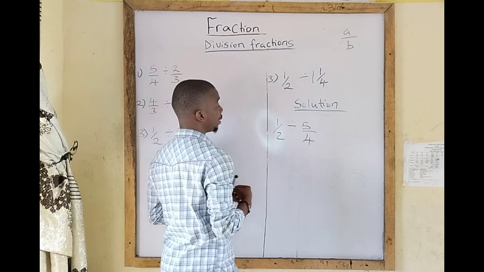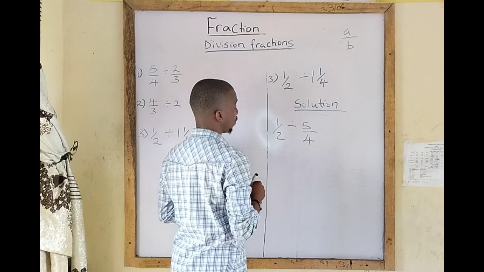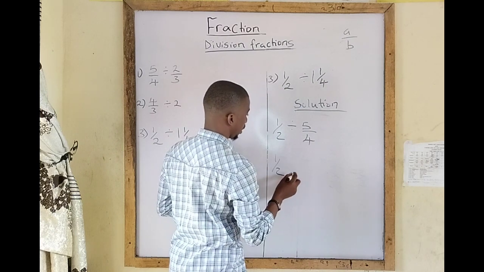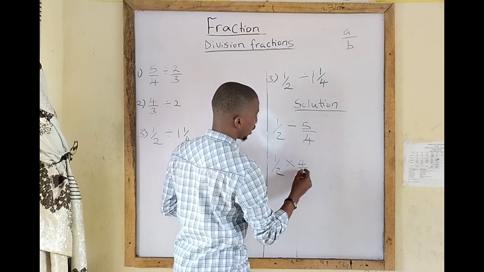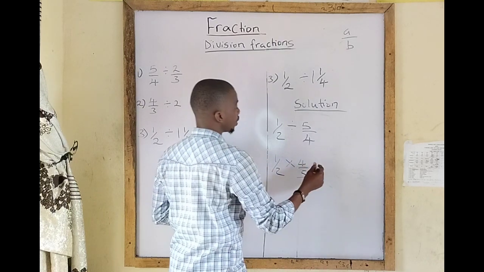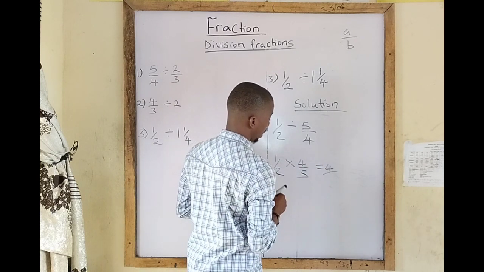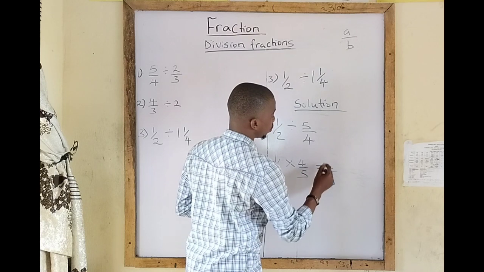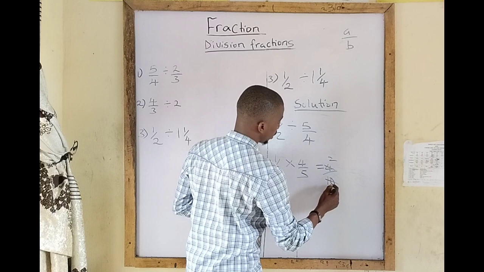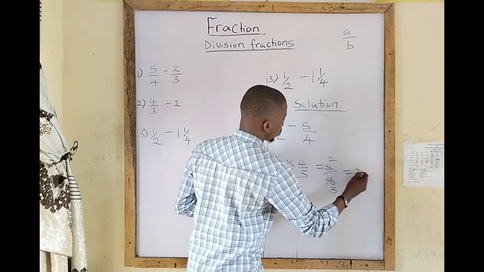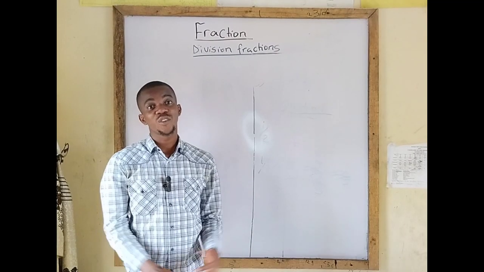And we take the reciprocal of the second fraction and the sign changes to multiplication. So we have 4 all over 5, and 1 times 4 is 4, and 2 times 5 is 10. 2 goes into 4 2 times, 2 goes into 10 5 times, and we have 2 all over 5.